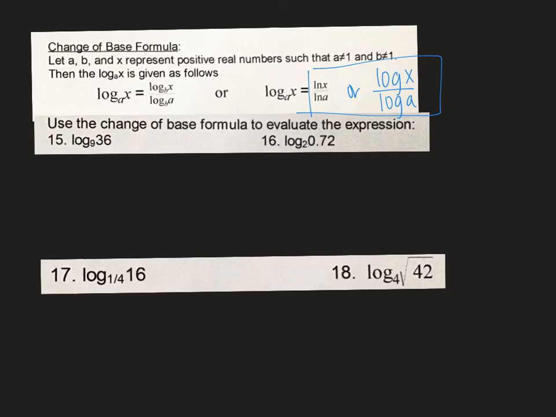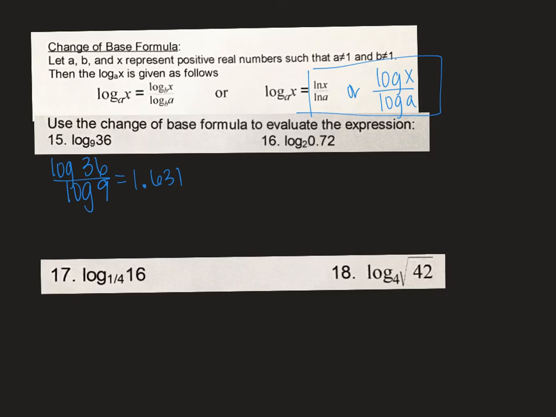So if we wanted to evaluate log base 9 of 36, I'm going to use my common log and I'm going to say, okay, I'm going to do the log of 36 over the log of 9. And I'm just going to type those into my calculator. Make sure you're closing the parentheses after you type in your 36 and your 9. And it's going to give me approximately 1.631.